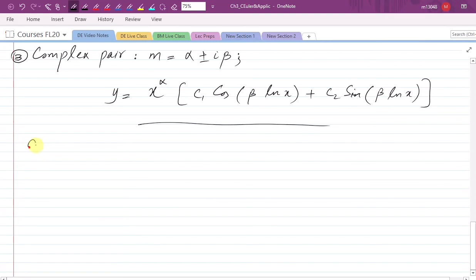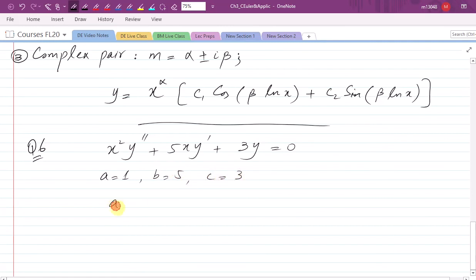For example, this is question number 6. It is x square y double prime plus 5x y prime plus 3y equals 0. a equals 1, b equals 5, c equals 3. a m square plus (b minus a) m plus c equals 0 gives m square plus, 5 minus 1 is 4, m plus 3 equals 0.